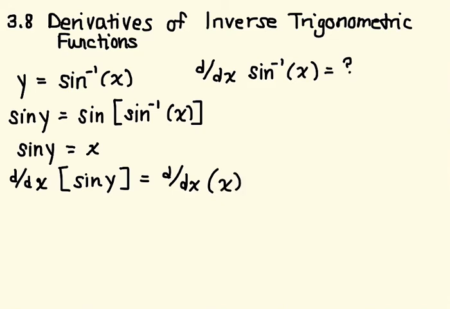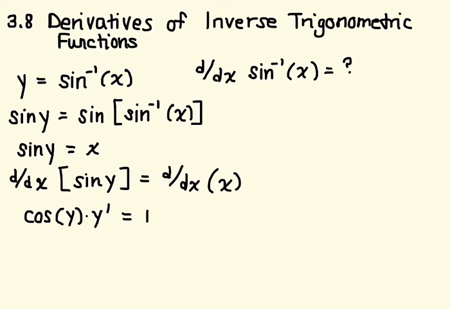So the derivative of the sine is the cosine, and I chain rule, times the derivative of y with respect to x, which is y prime. And on the right-hand side, the derivative of x with respect to x is 1.